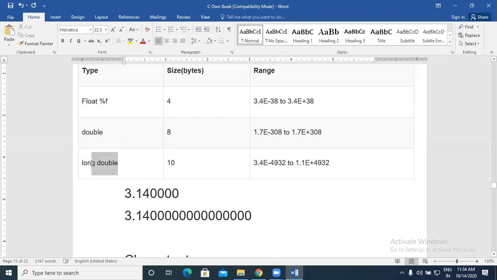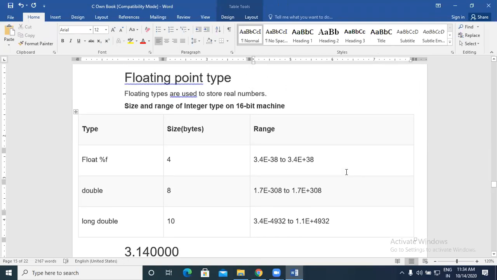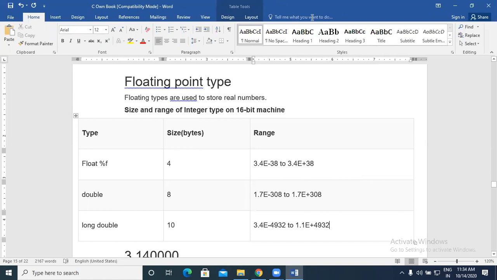Long double requires 10 bytes of memory in the C programming language, and the range is 3.4e minus 4932 to 1.1e plus 4932, that is the range of real floating point types.